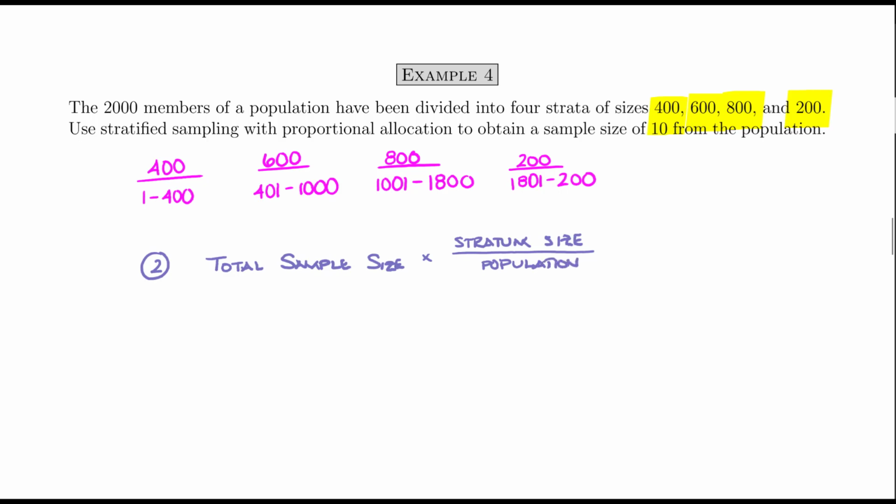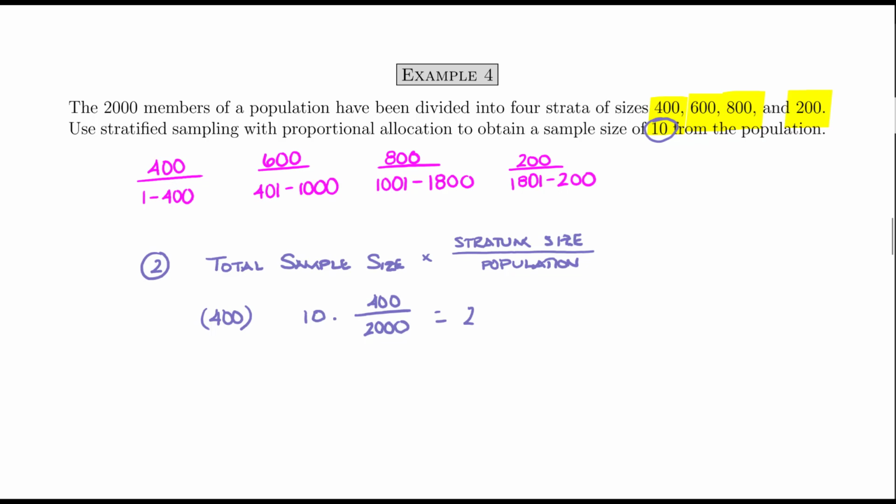So for the group of 400 people, we do want a sample size of 10. So for the group of 400, we're going to have 10 times 400 over 2,000. And when we simplify that, we end up with a sample size of 2.